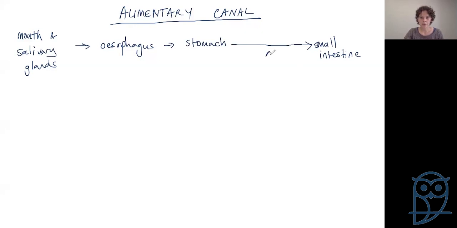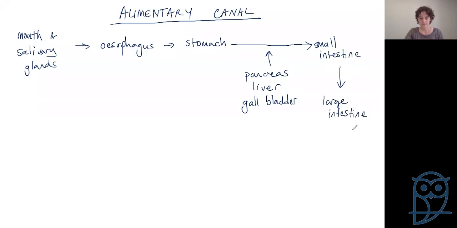But on the way here, we've got to talk about the pancreas, the liver, and the gallbladder. From the small intestine, which actually we're talking about various different pieces of it, then we move to the large intestine, which also has different regions.